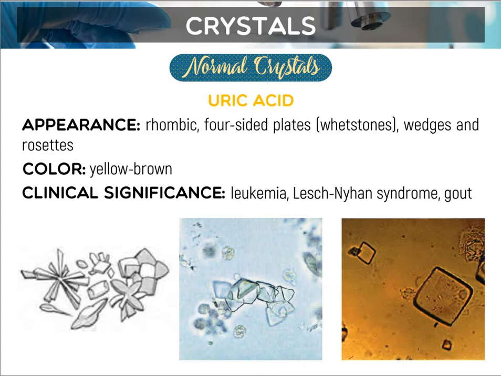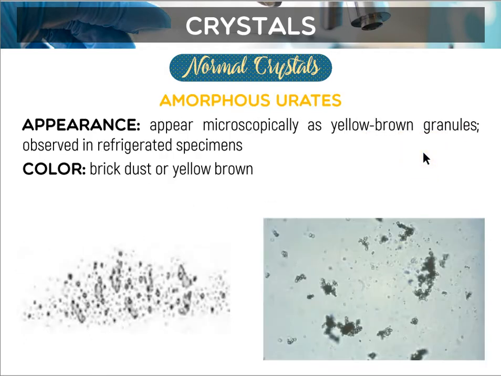This uric acid can appear in pH lower than 5.5. They are highly birefringent under polarized light, which aids in distinguishing them from cystine crystals, okay?